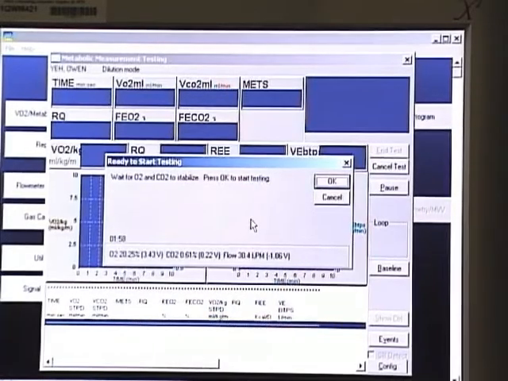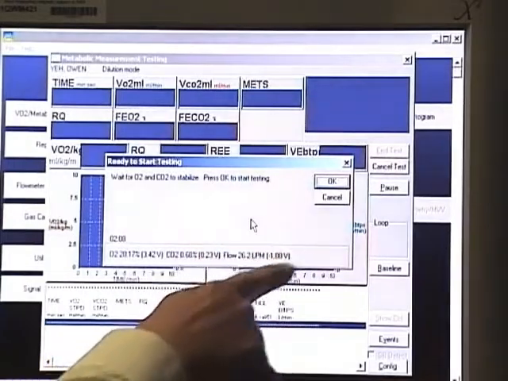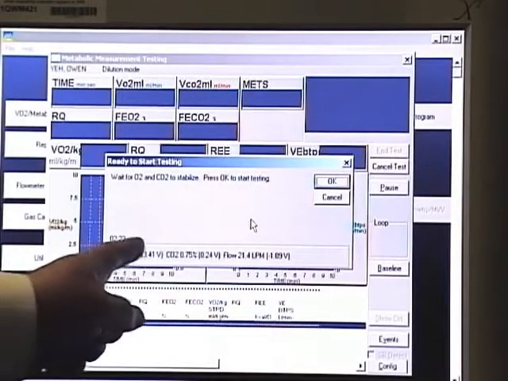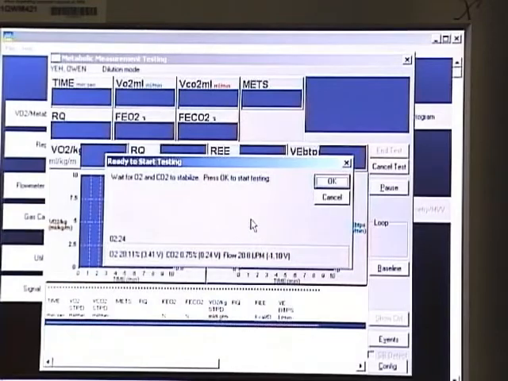So I will go ahead and adjust the flow rate to 20, which is this variable. Again, the CO2 concentration should move up higher slowly.